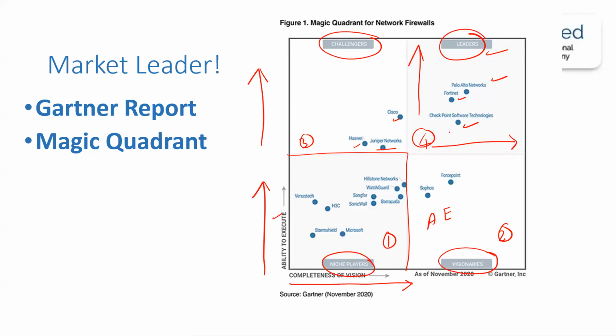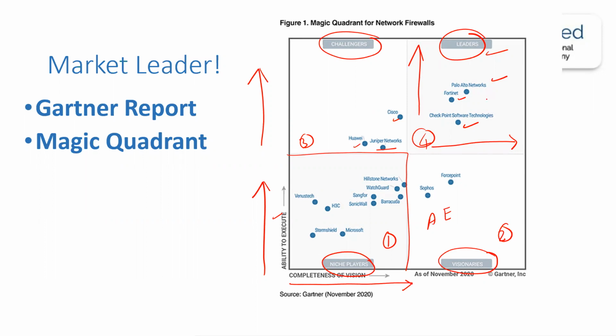So I always suggest that you should look at the market and what exactly the market is demanding. Always look at the leader quadrant, and not just for firewalls, even for SD-WAN or WAN edge or different technologies that we have, even for the cloud. Look at the particular Gartner report, look at the leader section and prepare yourself for these products.